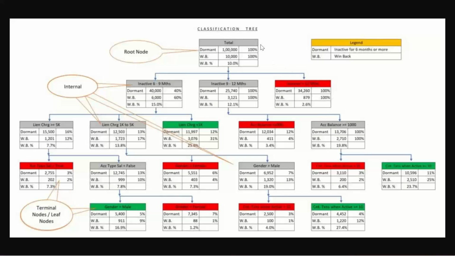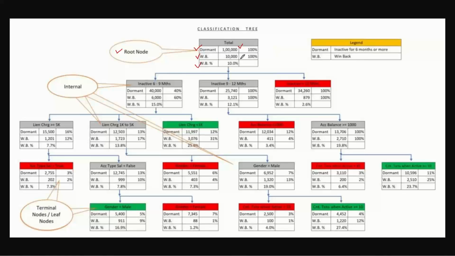At the top, we have the entire data, and we call this a root node. The term given is root node. This is the starting point. So in this, you can see there is a mention of dormant 100,000. What percentage of customers were win back? 10%, and in absolute terms 10,000.